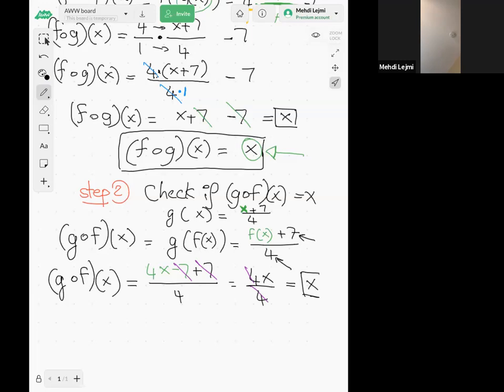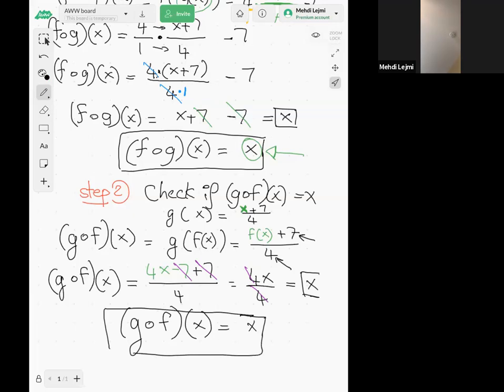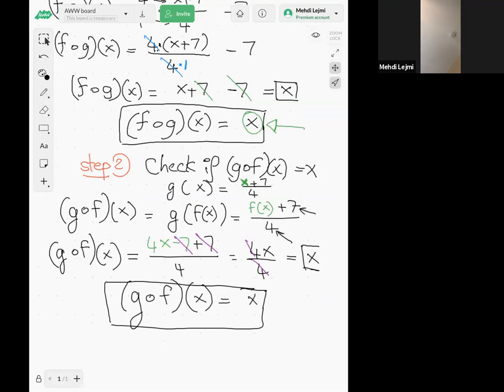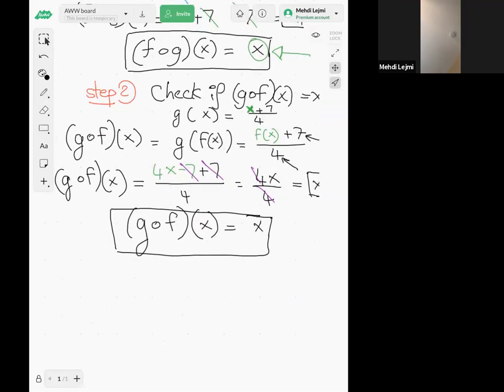So my g composed with f of x is equal to x. Okay, so in both steps, step 1 and step 2, I got x. So the conclusion is that this function g is the inverse of f.